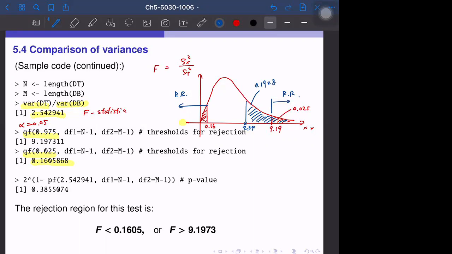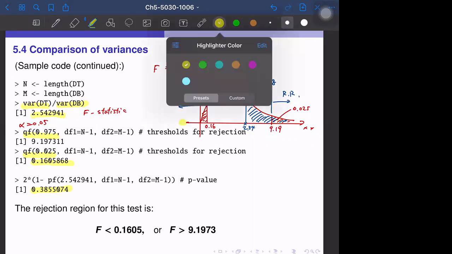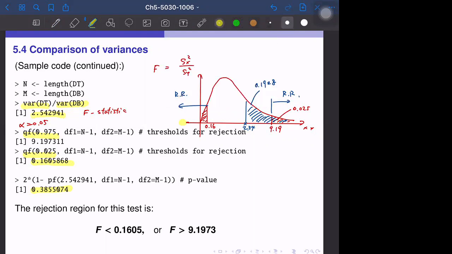So if we multiply by 2, that becomes 0.385. Logically, of course, the lower tail has the lower probability. So the probability that the F distribution is less than 2.54 is smaller. But intuitively, the center is at 1. So 2.54 is in the upper half of the distribution. So we calculate this area directly, and then we multiply by 2 to get the p-value.